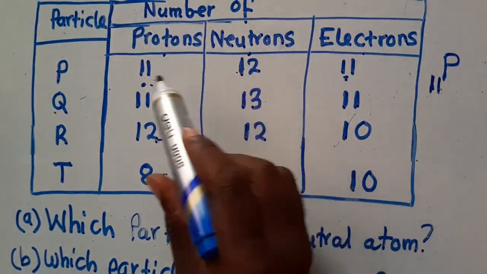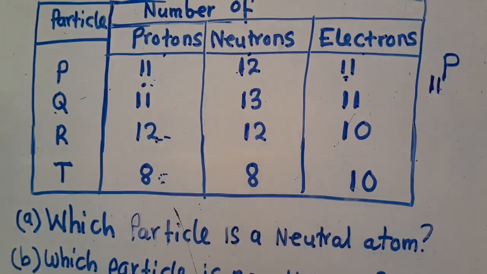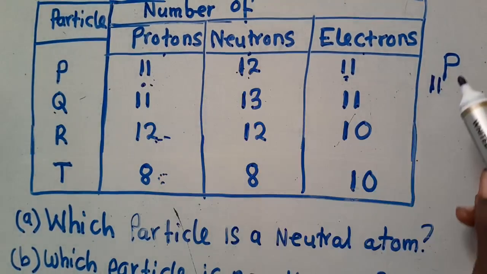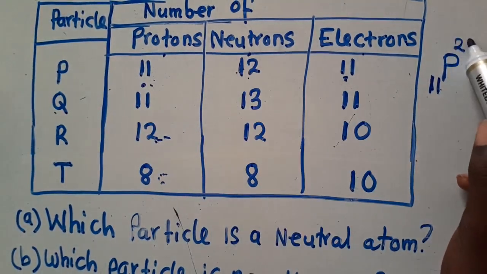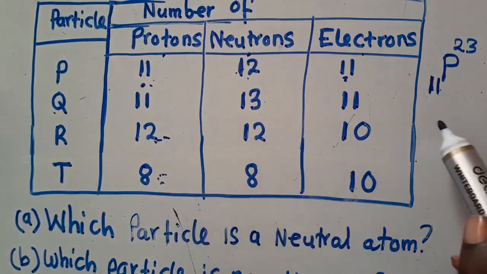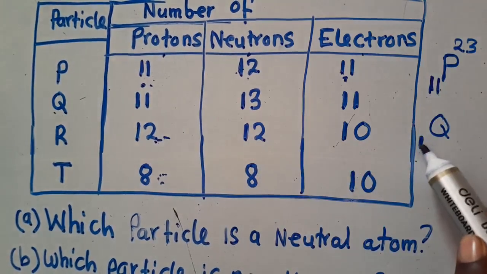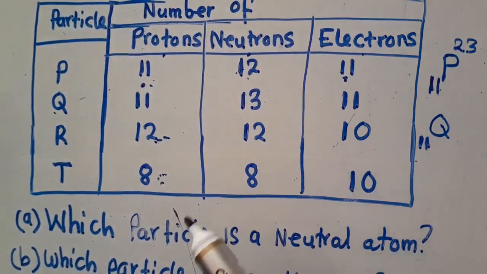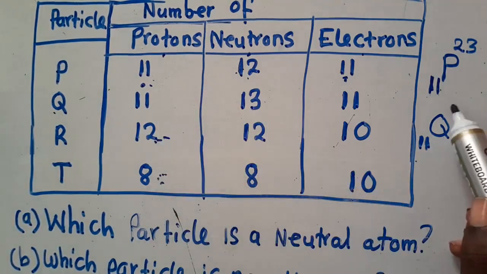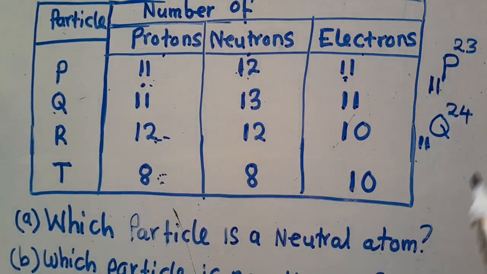What is 11 plus 12? You get 23. And if you go to this one, Q, we've got 11 there. And when we add these two, we are going to get 24, like this. So this is an easy way in which you can answer this question.